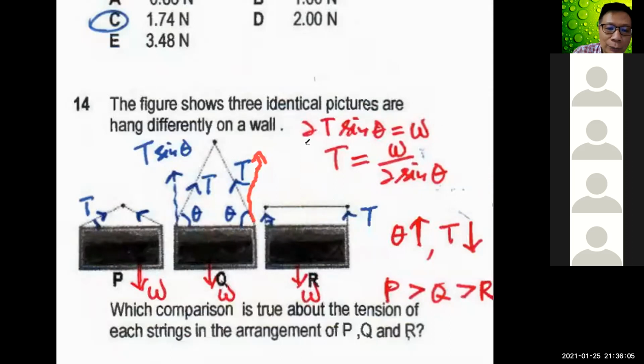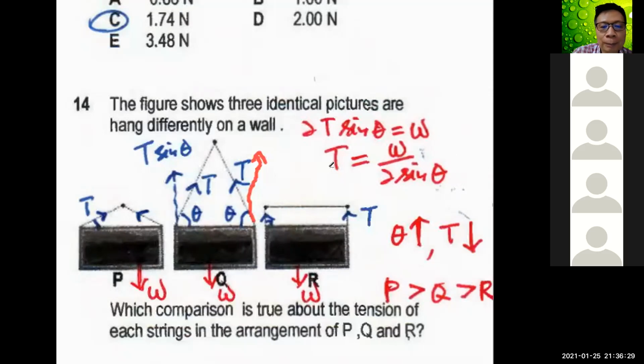Okay, what you can see from this equation is when the angle theta is big, this one becomes very small. Theta bigger, and then 90 degrees is the biggest. When the angle theta is big, this number here becomes bigger. So you divide by a bigger number, your answer becomes smaller.